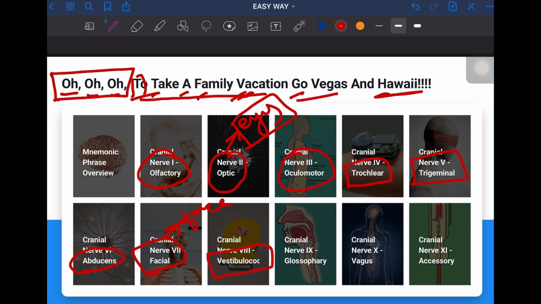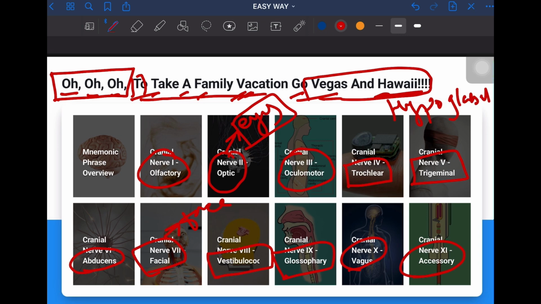Then G for glossopharyngeal. Then V and H, Vegas and Hawaii. V for vagus, A for accessory and H for hypoglossal. Okay. So this is the mnemonic.